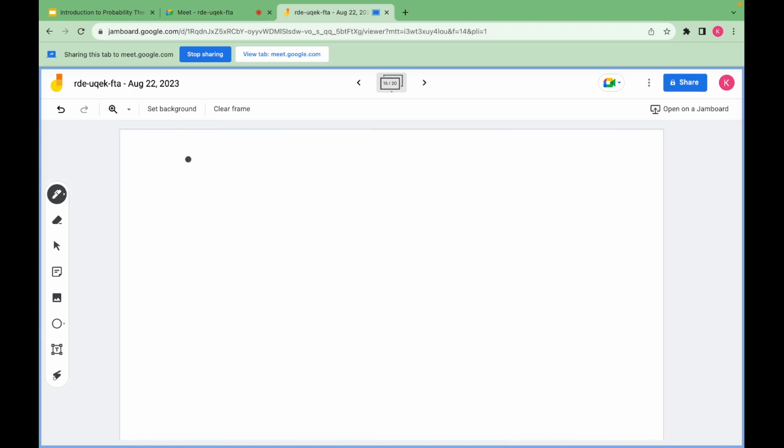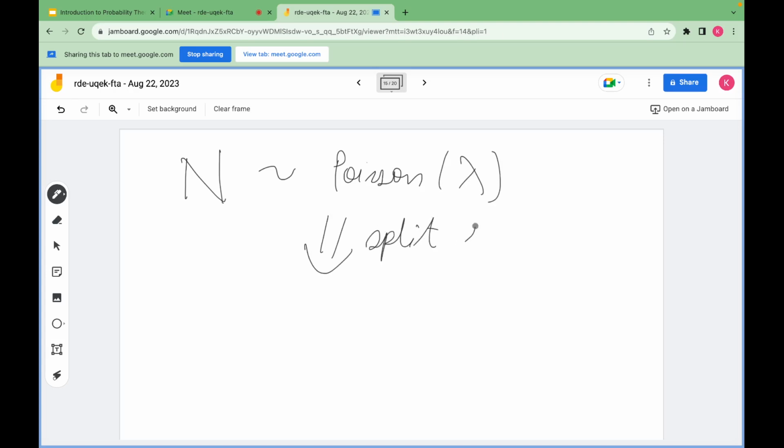So here we saw that we have a Poisson random variable with a parameter lambda. We can split it into two Poissons, if we know the probabilities for those two events, given some p and q such that p plus q is equal to 1.